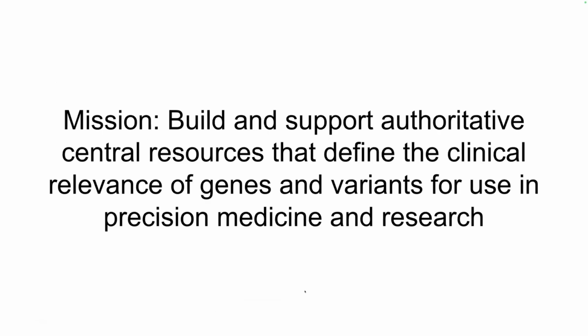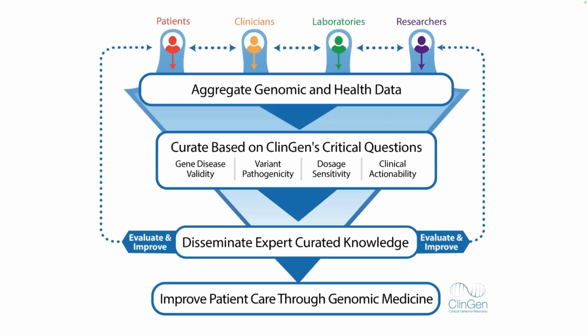Our mission is to build and support authoritative central resources that define the clinical relevance of genes and variants for use in precision medicine and research. And I will say this largely started as highly penetrant monogenic disease, but we are exploring more complex disease now, polygenic risk scores, and things in that arena, as we know it's quite relevant. So this is our infographic that people may have seen before.